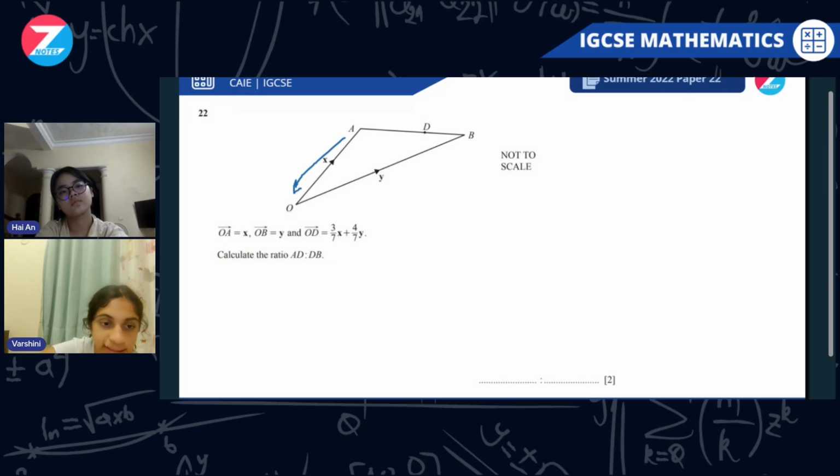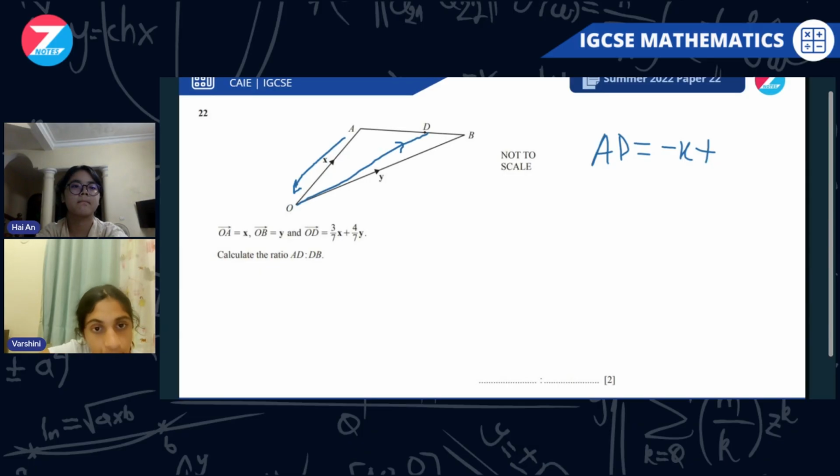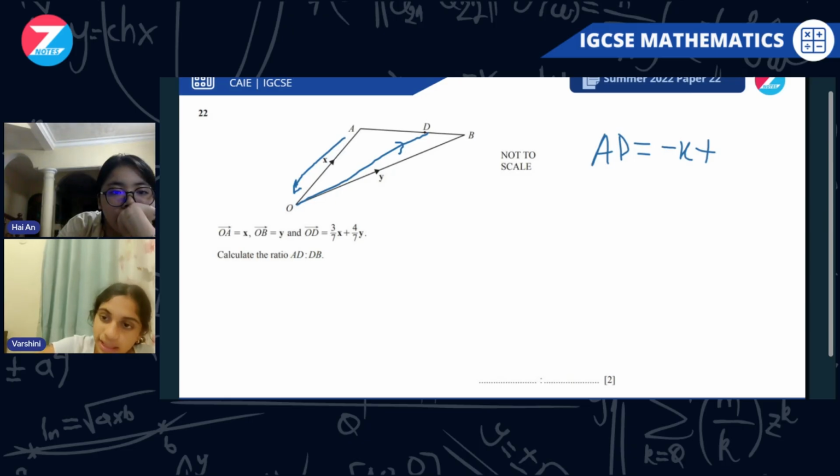So it's going to be minus x. So AD equals minus x plus, now we're going back up to D, O to D. And we know that OD is 3 by 7x plus 4 by 7y.